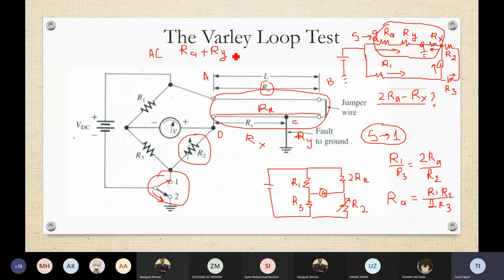ठीक है। इसमें अगर हम RX को ऐड कर दें तो ये हो जाएगी 2R। Whereas in our case we don't have RX because there is a ground fault, so we subtract this RX on both sides.